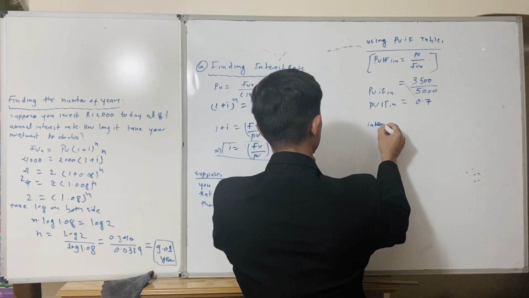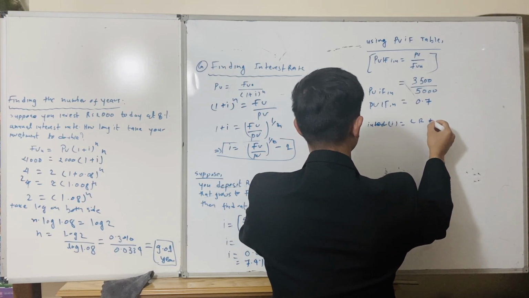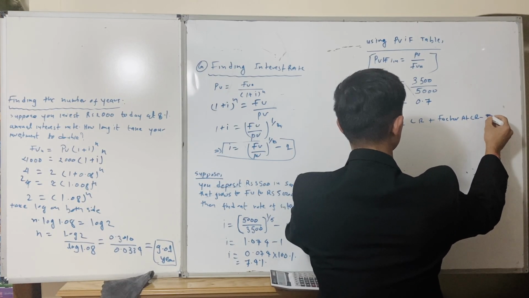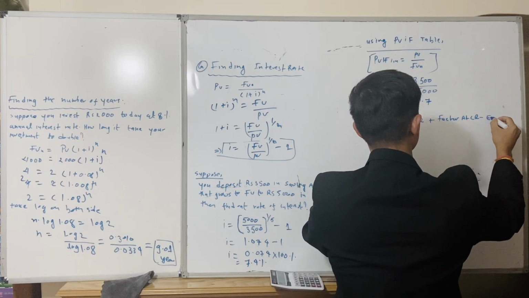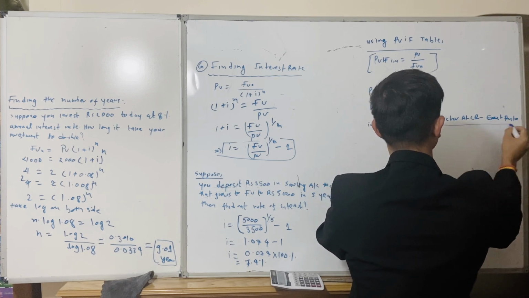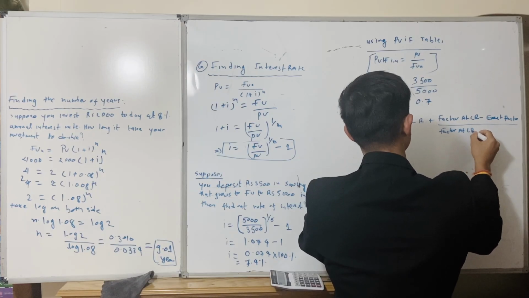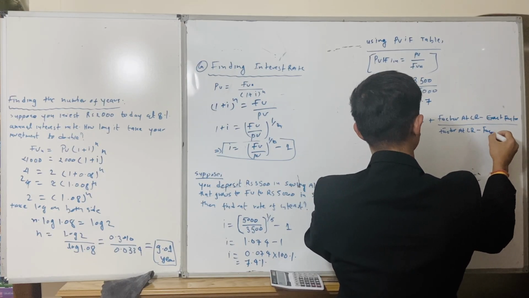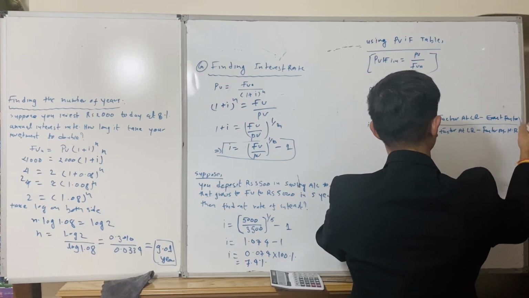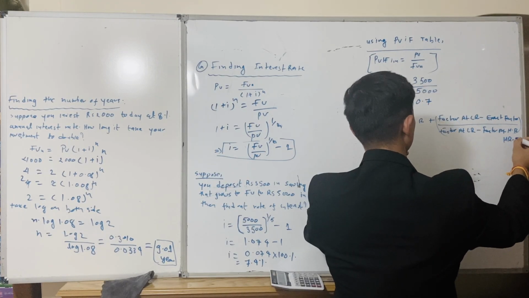Interest rate equals lower rate plus the factor at lower rate minus the exact factor, divided by the factor at lower rate minus the factor at higher rate, multiplied by higher rate minus lower rate.